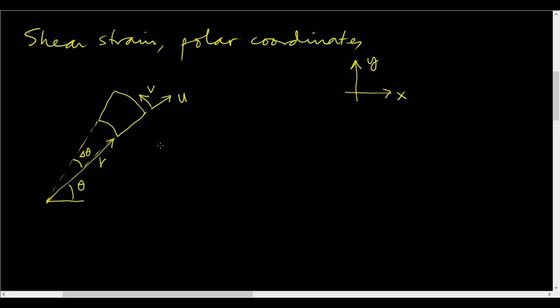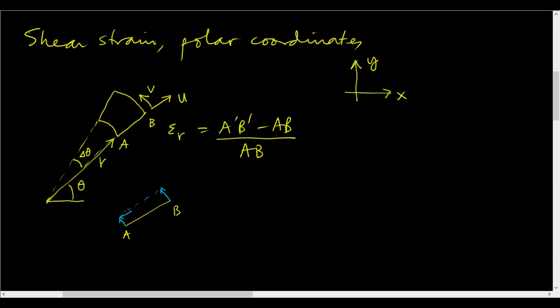Now epsilon r, let this be A, let this be B. Epsilon r has to do with the change in AB. So this is equal to A prime B prime minus AB by AB. A may move in this direction a little and B may move in this direction a little, and that changes the angle a little, but it does not change the length to first order.